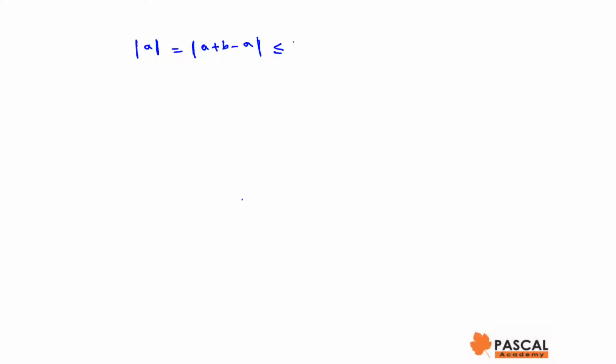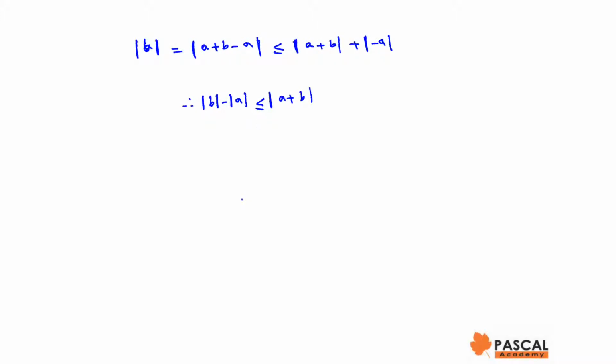By star, this can be written as absolute value of a plus absolute value of b equals absolute value of a plus b plus absolute value of negative a. This means absolute value of a plus b is greater or equal than absolute value of b minus absolute value of a.